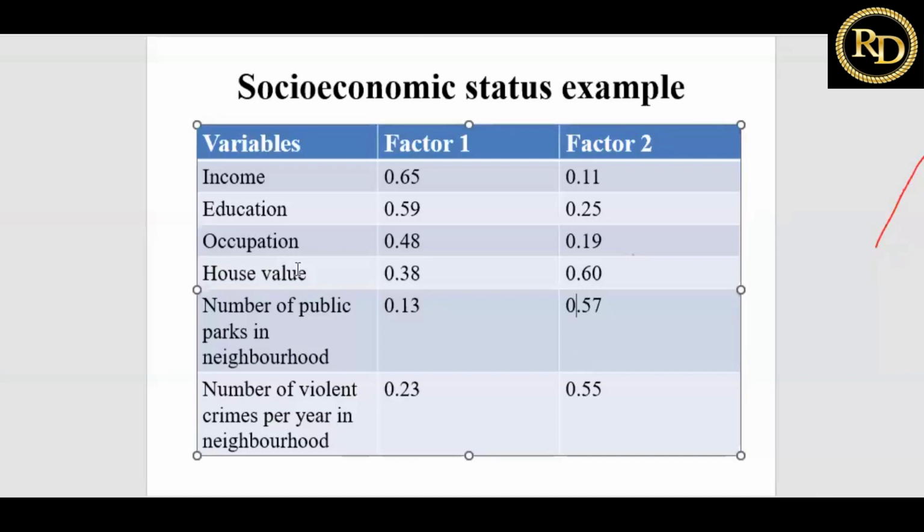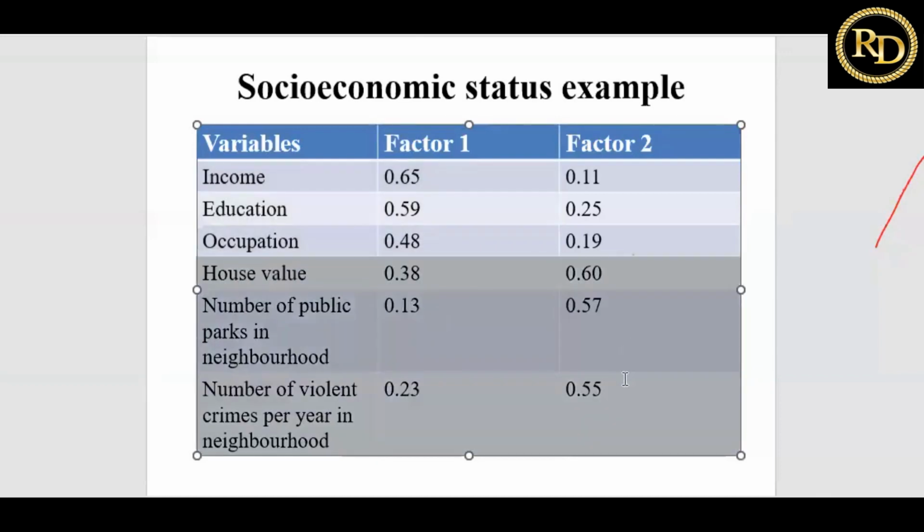For example, these three values are higher in factor 1, so they are linked to factor 1. But these three values are higher in factor 2, so these eigenvalues are important for factor 2. Similarly, you can create factor 1, 2, 3, and so on. You can create many factors.